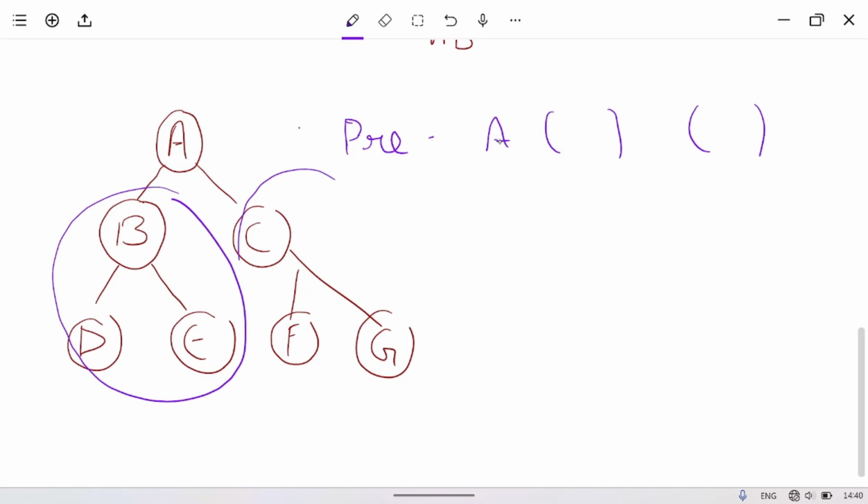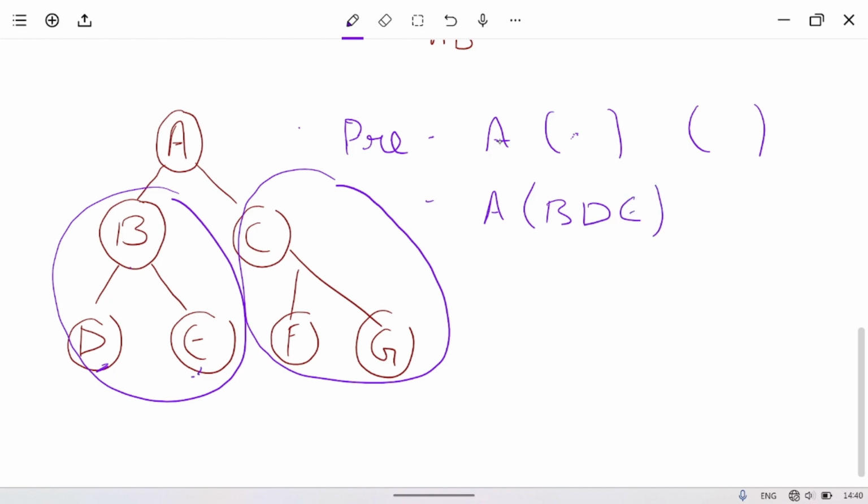Okay, this is empty, this is empty. First this is the left subtree, and for the left subtree again we have seen how to solve preorder for B, D, E. This is a smaller problem, we have seen how to solve it. How do we solve it? Here first visit the node B, then next node D, then next node E.